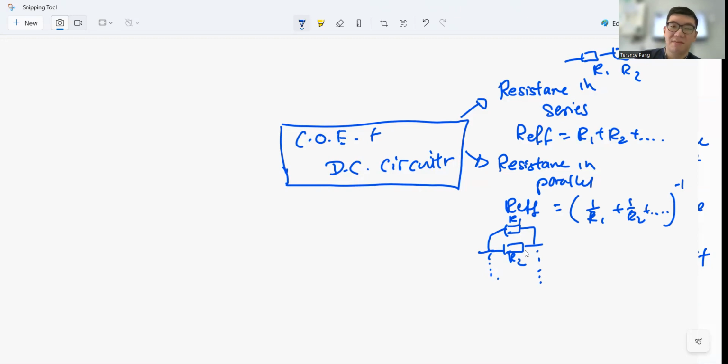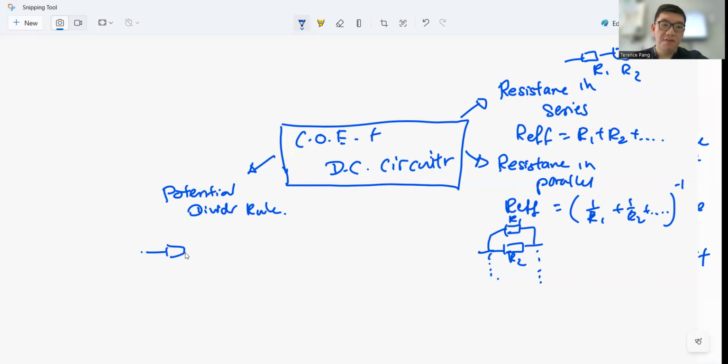Okay. And of course, we have to bring in our good friend PDR, the potential divider rule. What does it say?